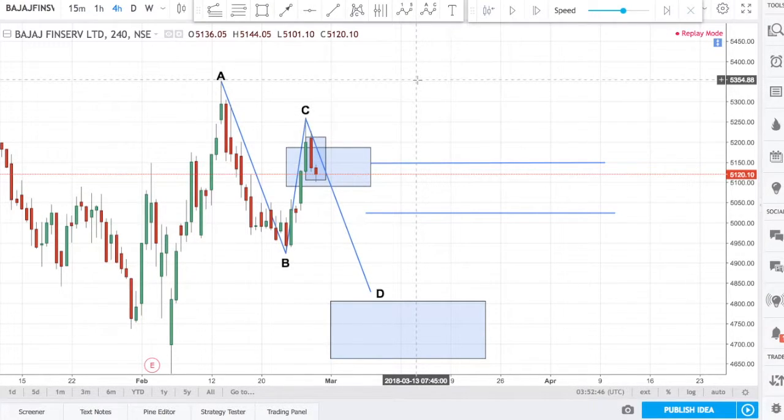So we have the setup, the reversal zones and the targets in place. Now wait for the market to push down into our zone.